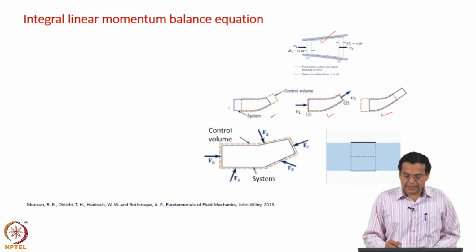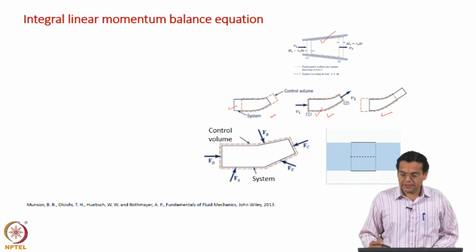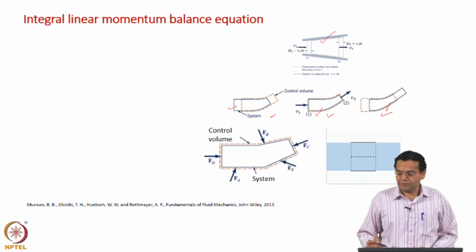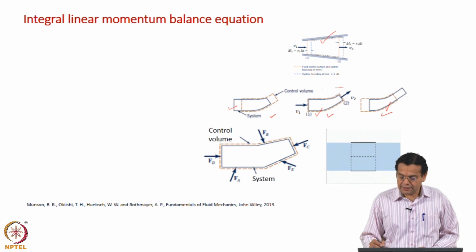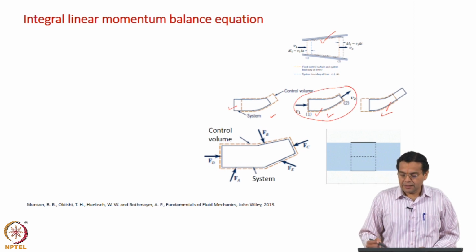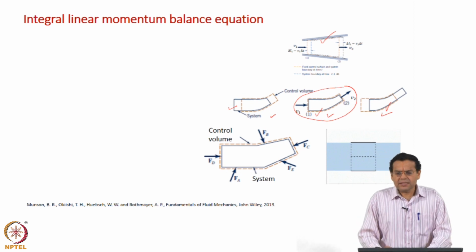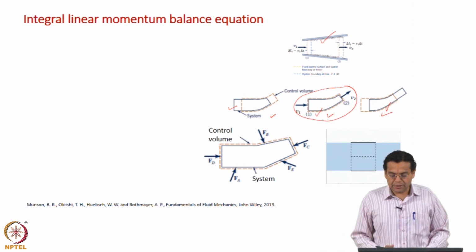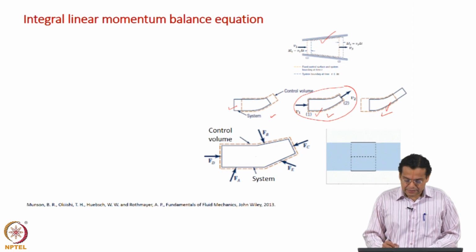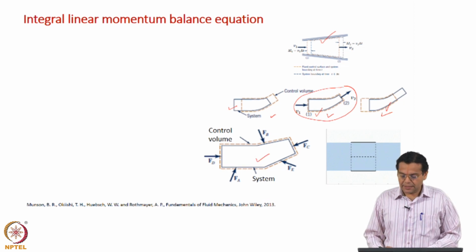The system is just entering here, it is exactly coinciding, system has partly left the control volume. So, we take the condition at time t where the system and control volume are exactly coinciding with each other, and that is what is shown separately here.